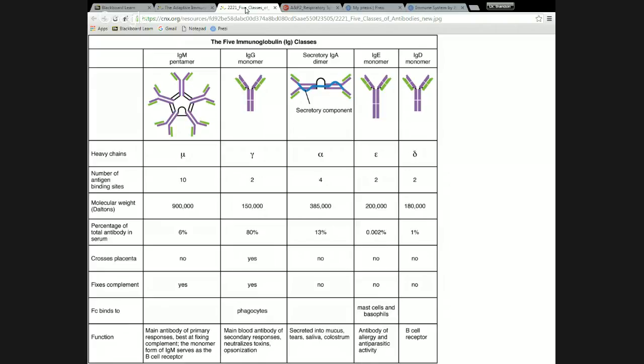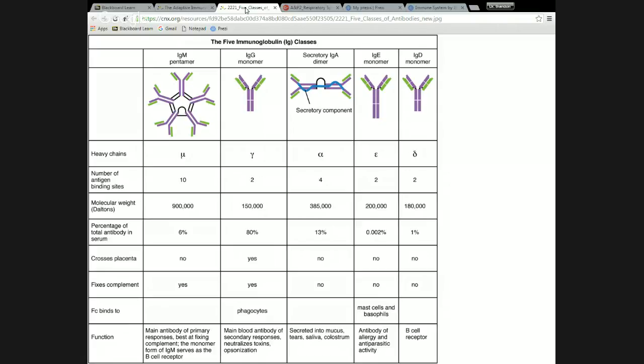And so IgEs on the surface of a mast cell, when it binds to an antigen, will immediately cause inflammation, which is the basis of a lot of allergies. You can have antibodies against grass pollen or pet dander or whatever it might be. If that's on the surface of the mast cell, it'll cause an allergic reaction to that thing that's not actually a pathogen. And then basophils are the least common type of white blood cell. What they do isn't very well described.